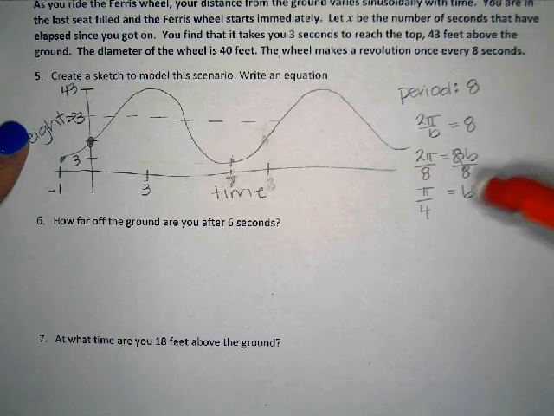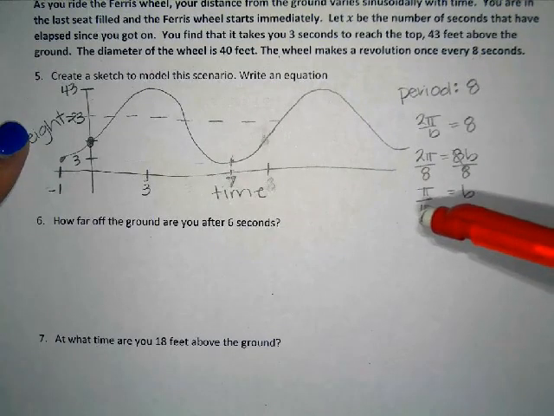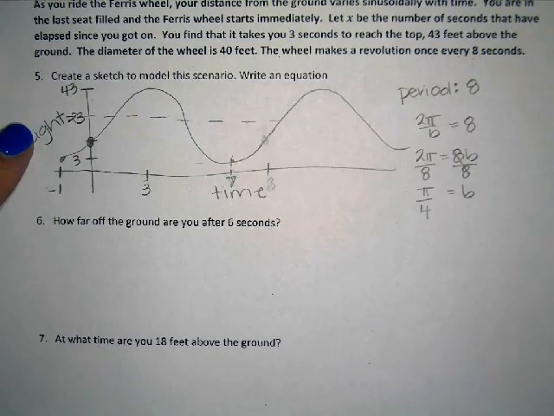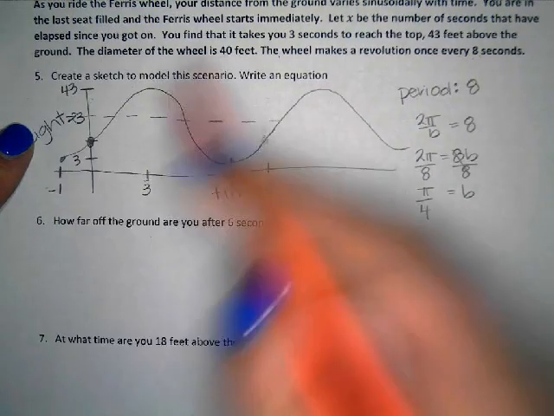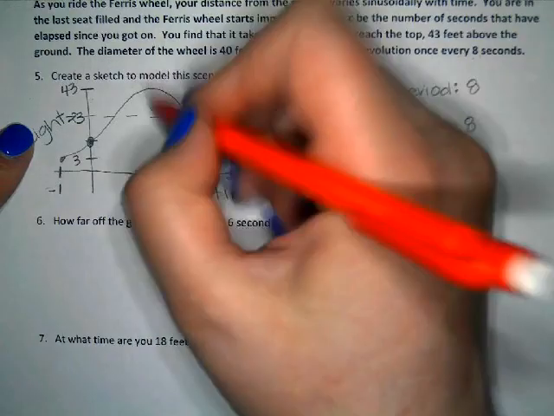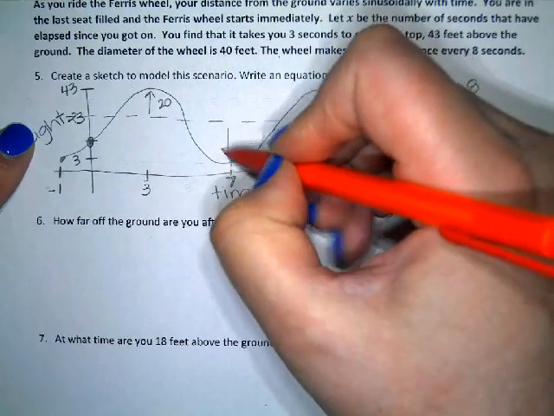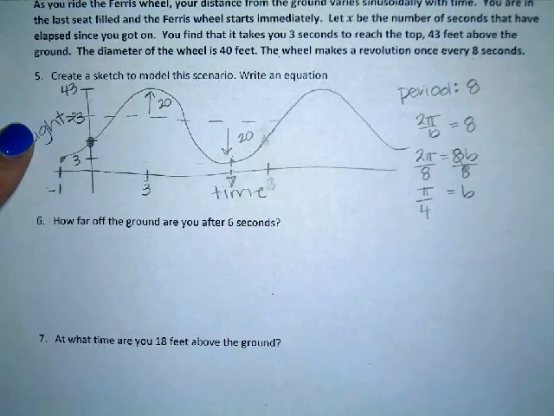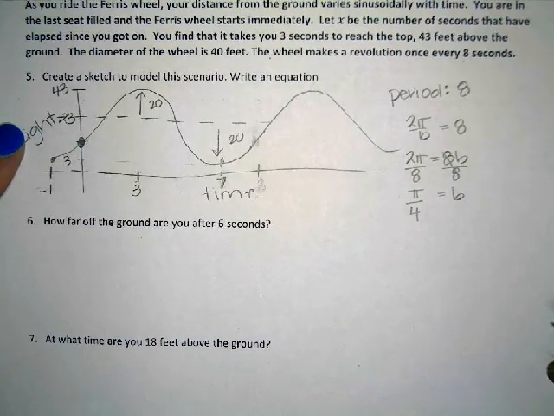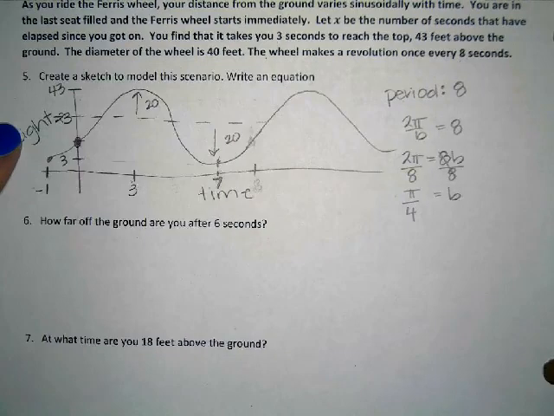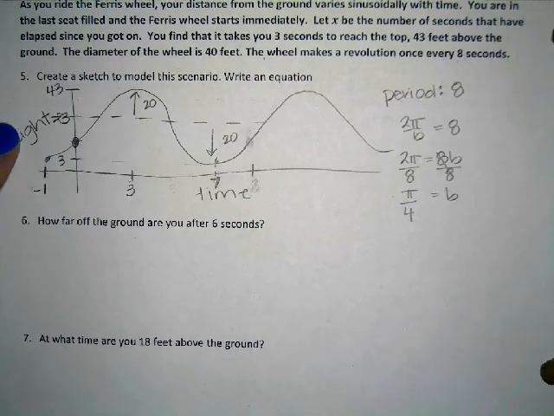Oh, what's our amplitude? Not 23. Not 40. 20. Okay, so 20. Our midline is 23. So we're going to write our equation.